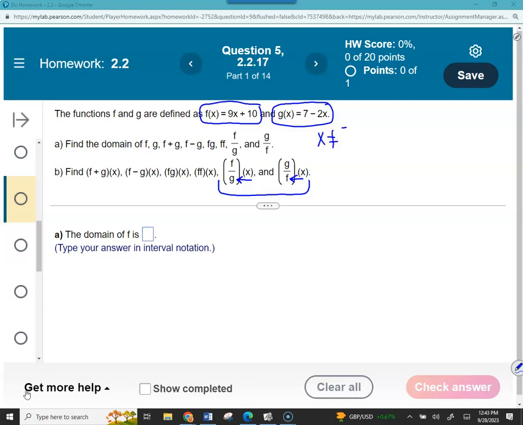So x cannot be 7 over 2 for function g. So when g is in the bottom, you would say it's all real numbers up to 7 over 2 and skip over that. That's right here.